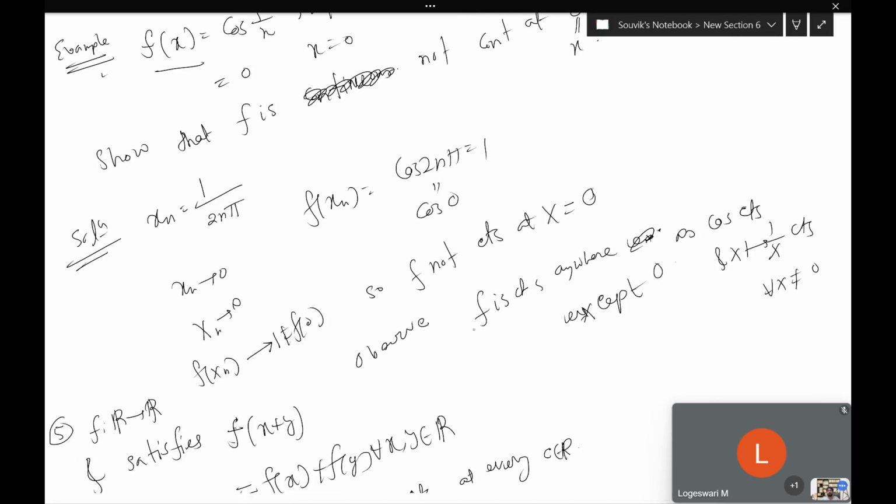So take xn, a sequence converging to 0, and f(xn) is equal to cos(2n pi), which is 1.